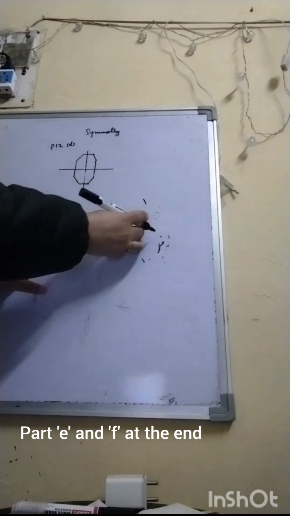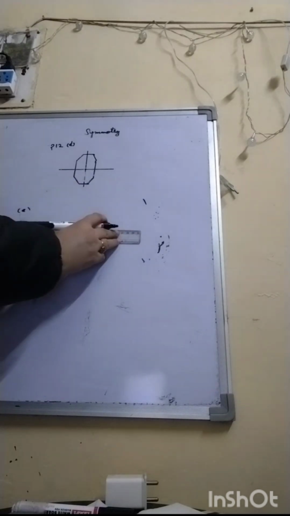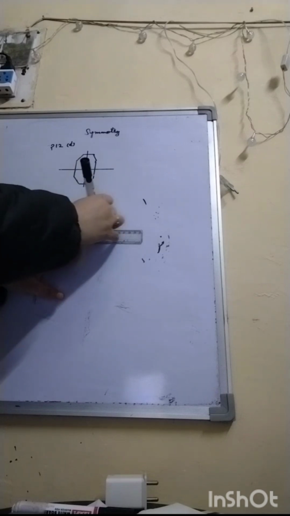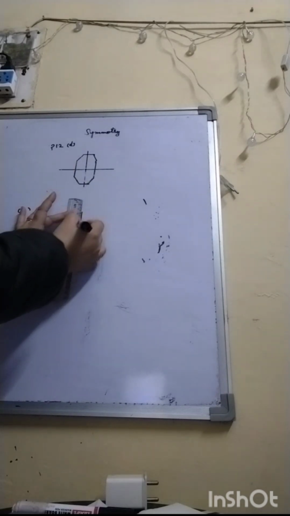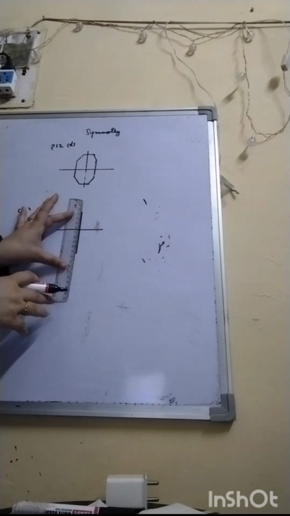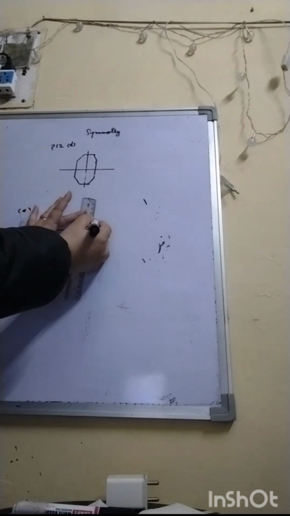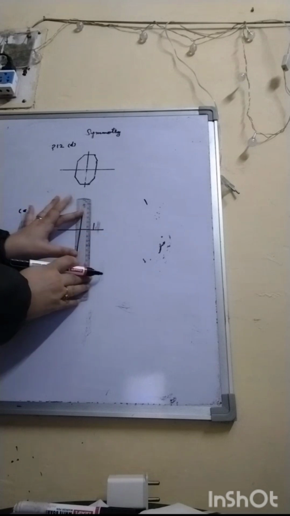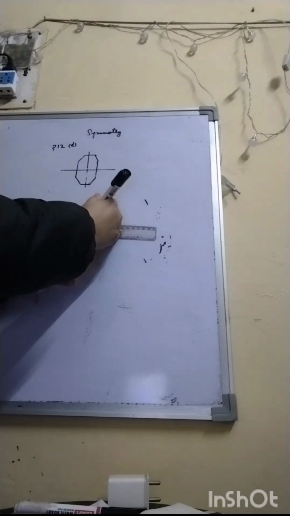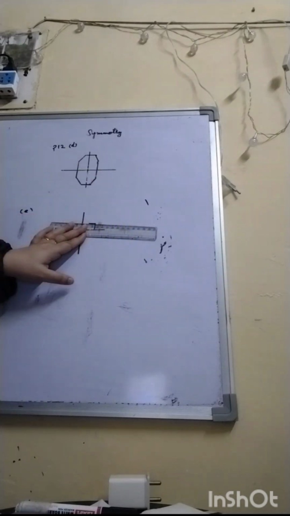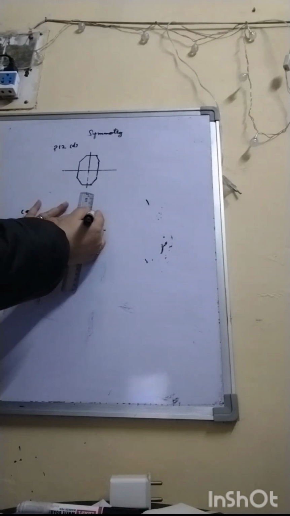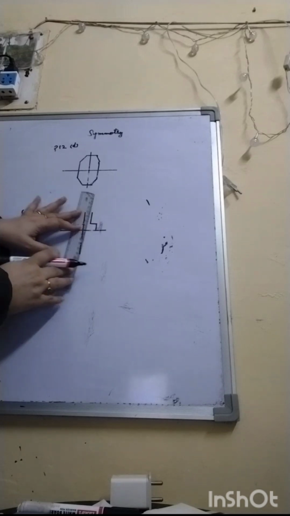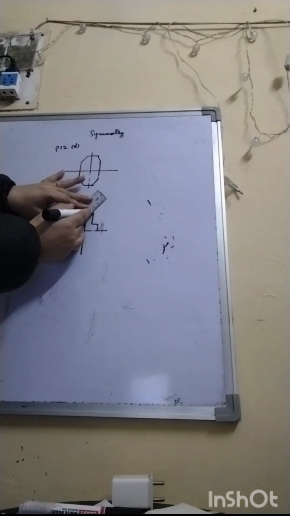Then you have the next figure, which is again two lines of symmetry, vertical and horizontal, and the figure is one horizontal, then one vertical, then horizontal, then two vertical, and then one diagonal.